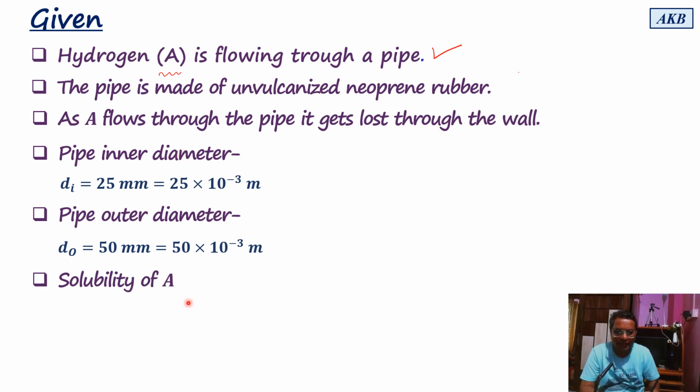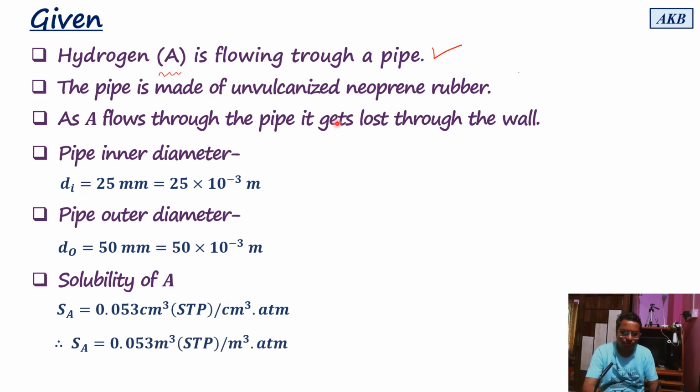The solubility of A, that is the solubility of hydrogen in the rubber, is given. It is 0.053 cm³ at STP per cm³ of rubber per atmosphere. You can also express it in meter cube, so it will be 0.053 m³ at STP per m³ per atmosphere.